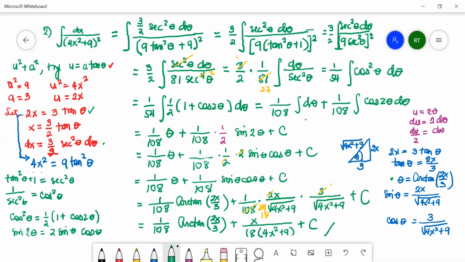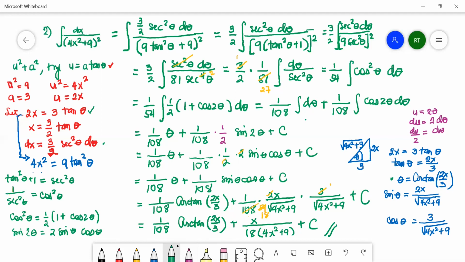So this is the integral of dx over the square of 4x squared plus 9, and it is equal to 1 over 108 times arctangent of 2x over 3, plus x over 18 times the quantity 4x squared plus 9, plus the constant of integration.